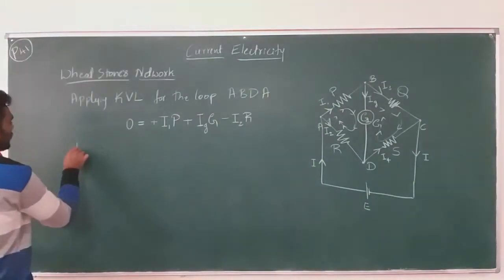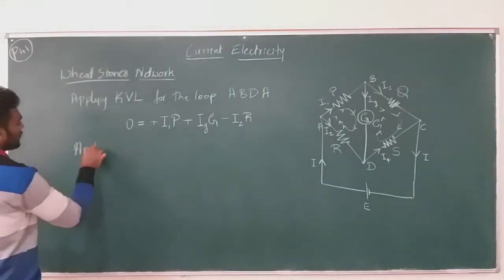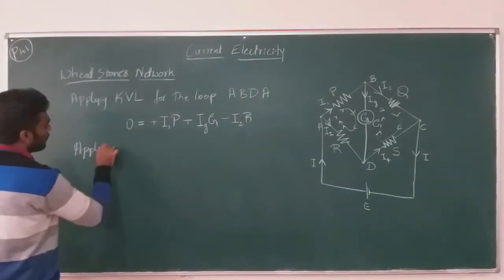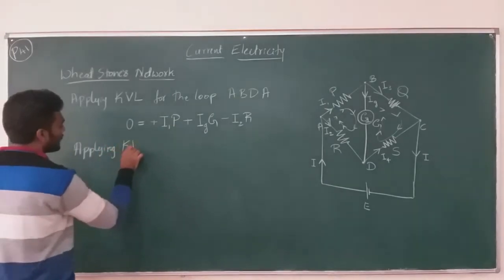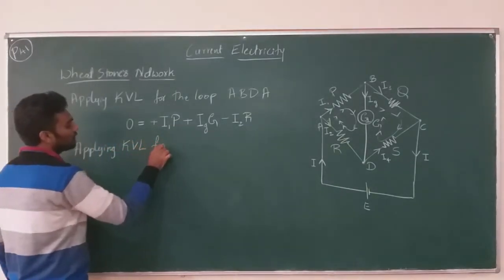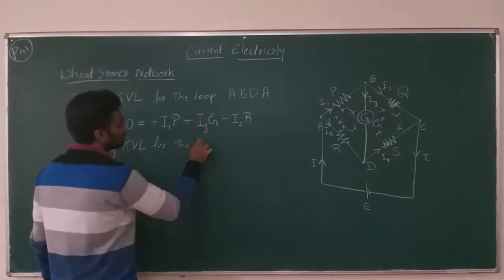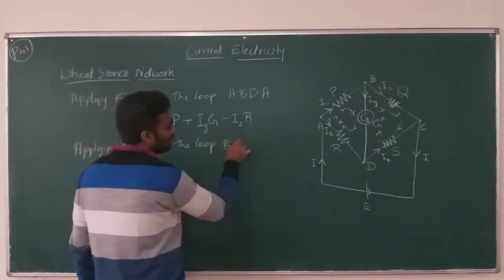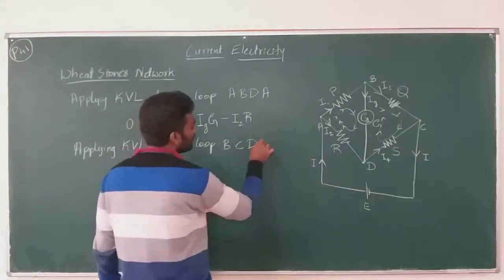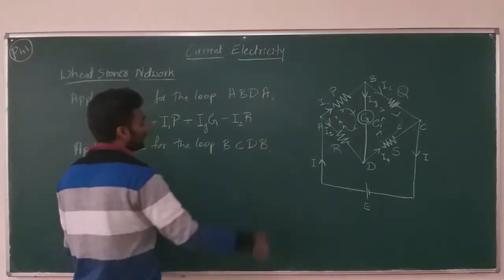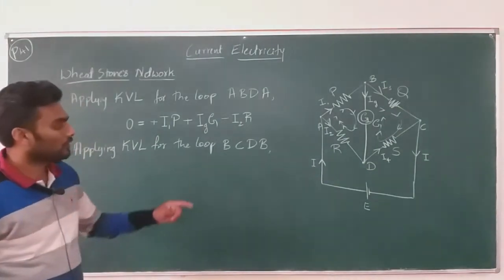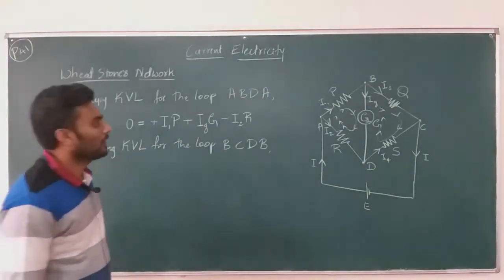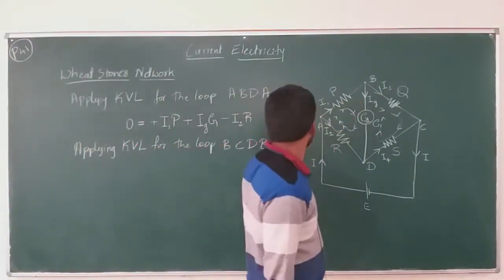Now, I can say applying KVL for the loop B, C, D, B. Now, I will start from B again.